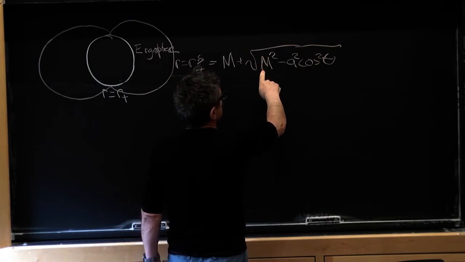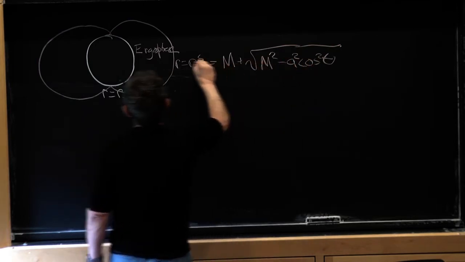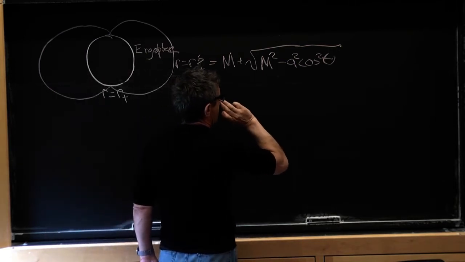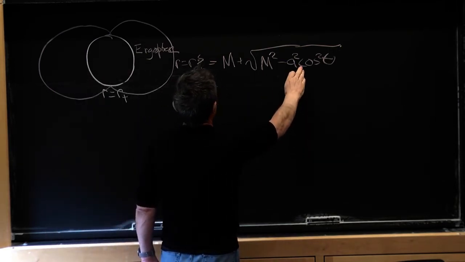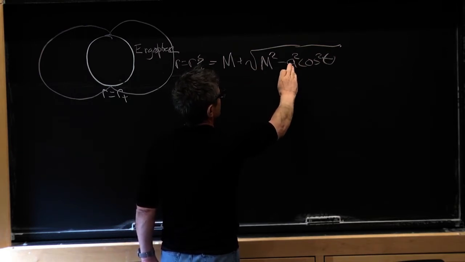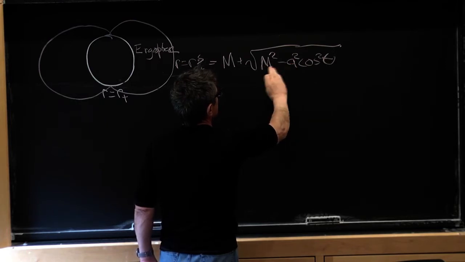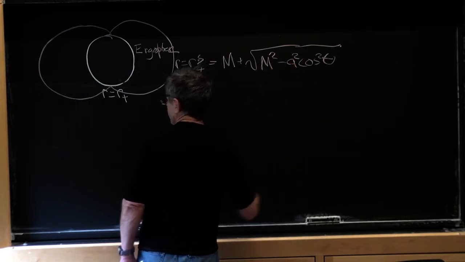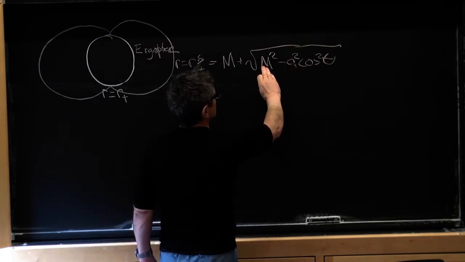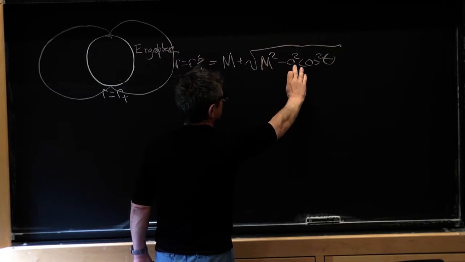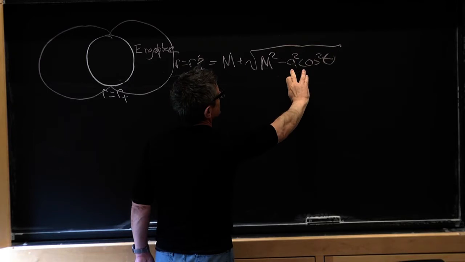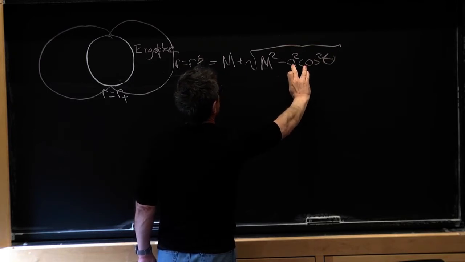So notice that if we take theta equals pi over 2, which is on the equator, then this is just square root of m squared minus a squared. If it's spinning at its maximal allowed value, which is a equals m, this term would be 0. This term is 0 at theta equals pi over 2.